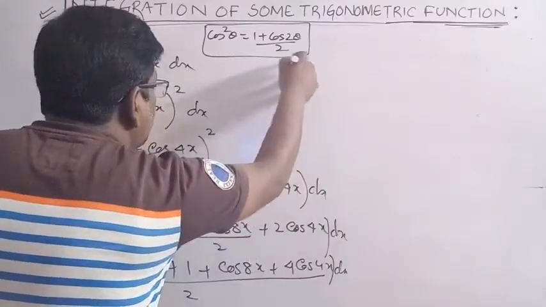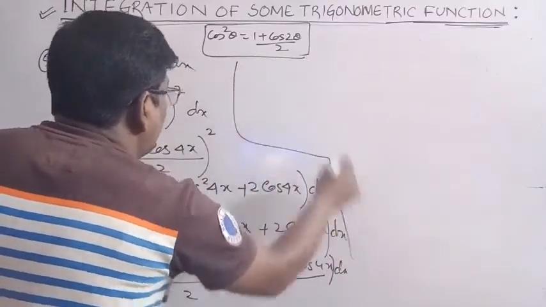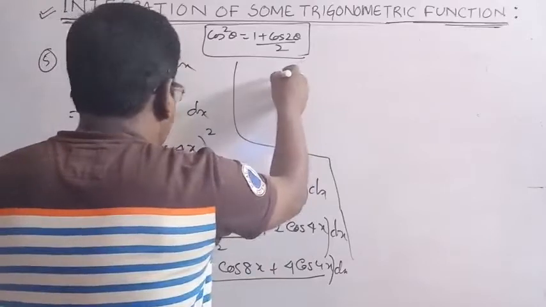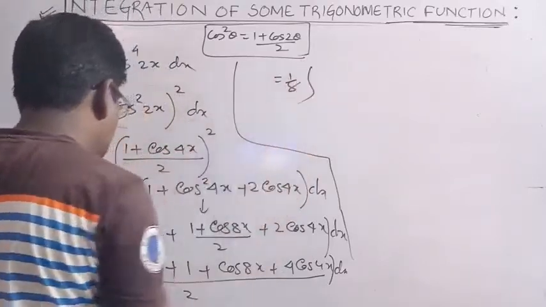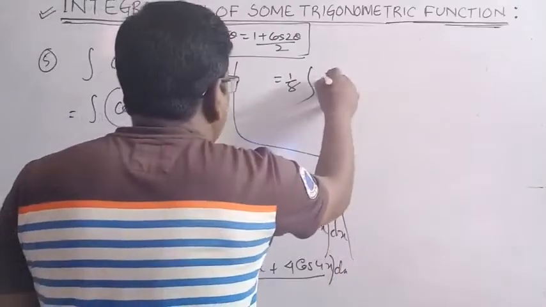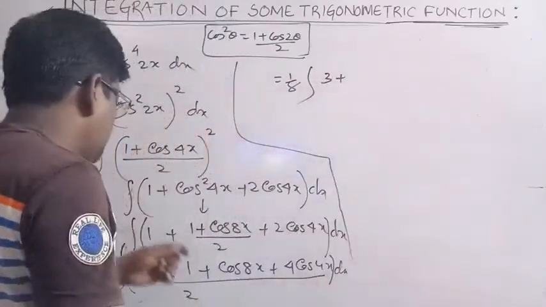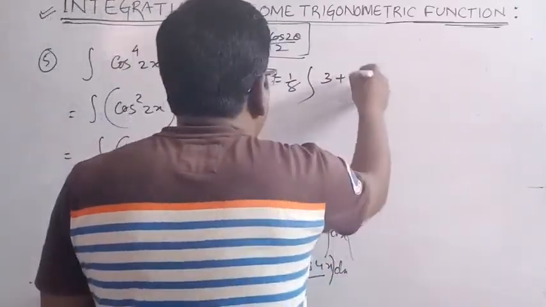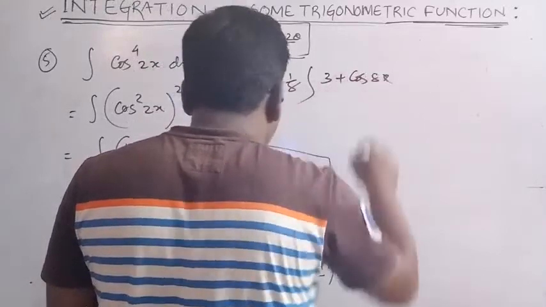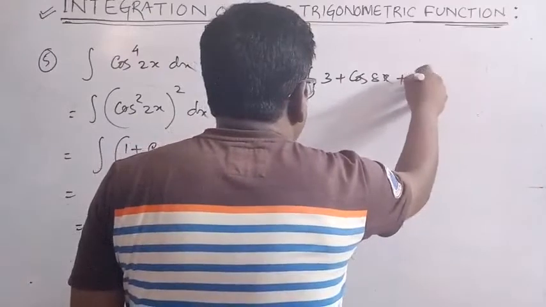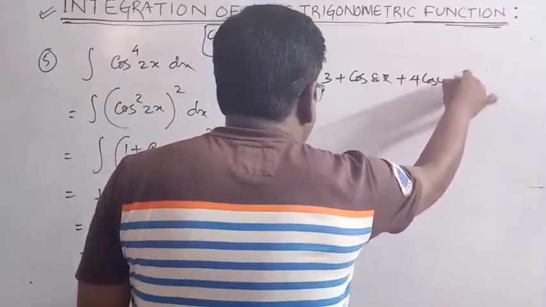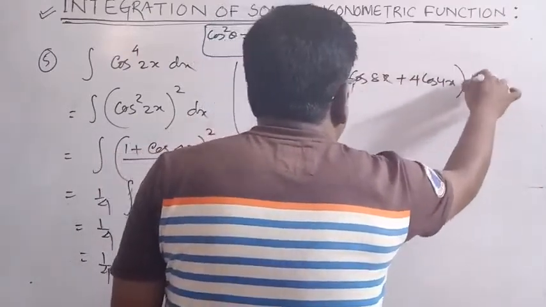This is equal to 1 by 8 integration 2 plus 1, that is 3, plus cos 8x plus 4 cos 4x into dx.